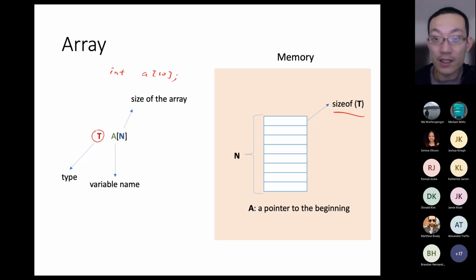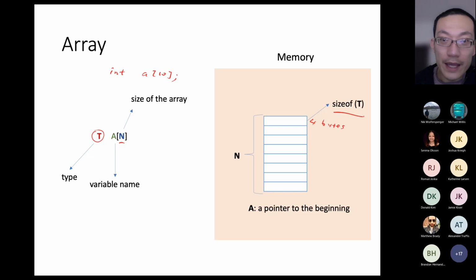If we look at this memory layout, each element in the array has 4 bytes. That is the size of an integer. And then n is the size of the array, which in our example should be 10 of them.